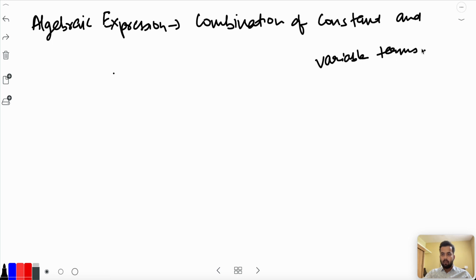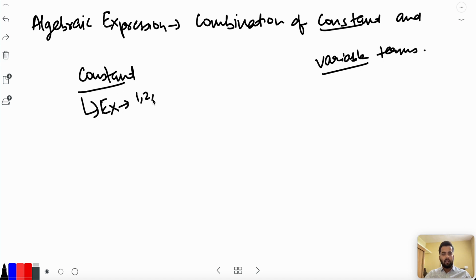Let me explain what is called a constant and what is called a variable. Many of you know this already, but still I have to explain it. Constants are numbers like 1, 2, 3, 4, which have some fixed value till infinity.